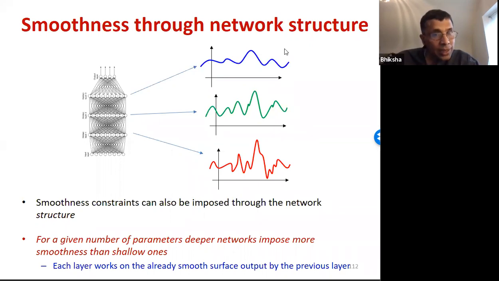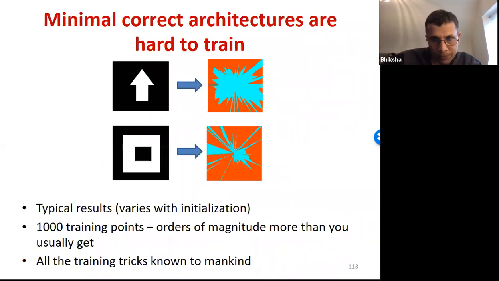Again, this is provided that the individual neurons are also prevented from learning very steep rises. And so just rearranging your parameters to have deeper rather than wider networks is going to give you smoothness constraints that kind of help. To see how bad this actually gets, let's take a look at this example.